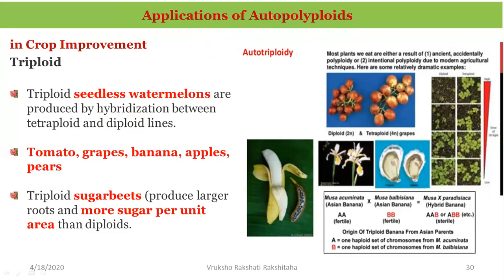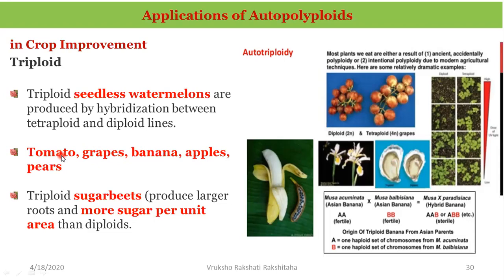So here are some pics you can go through. There are even triploid bananas. Then you can see these are the pics not of tomatoes but of grapes. These are diploid grapes and these are tetraploid grapes. This is a pic of the oyster cells, which I will discuss a little in the next slide.